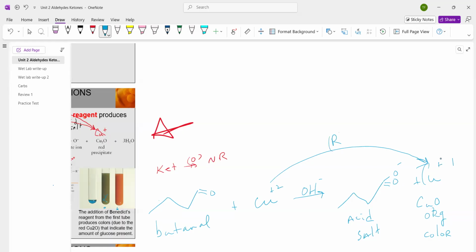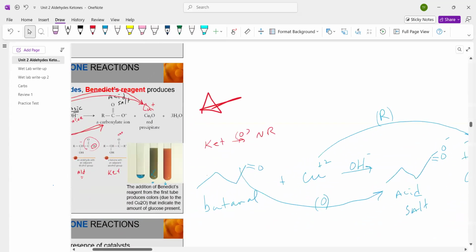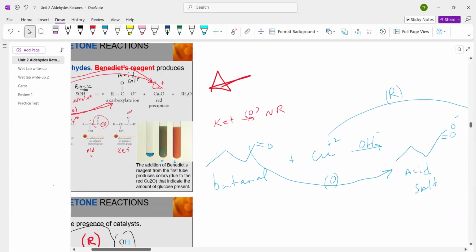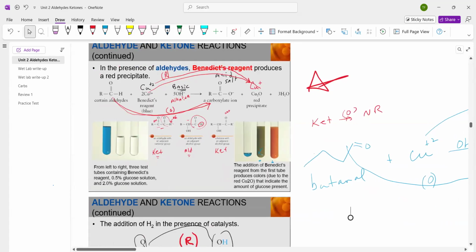That's reduction. And this is being oxidized. And this is called Benedict's solution. So again, you need to know these two reactions.